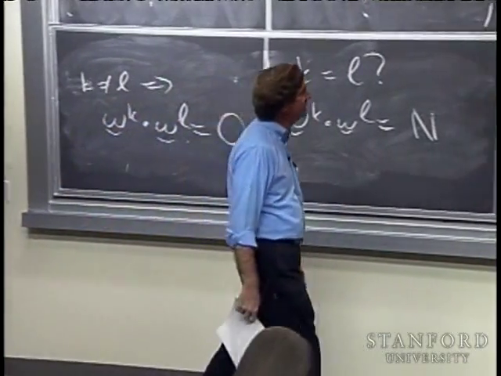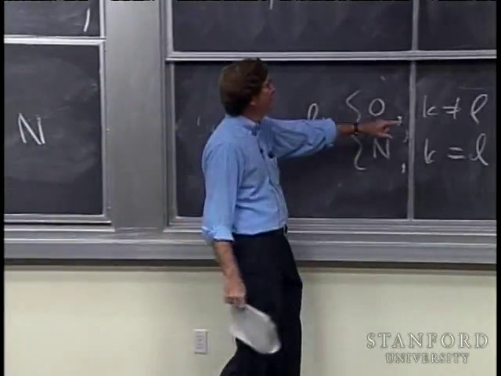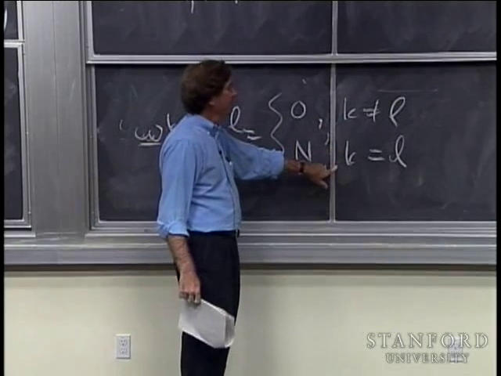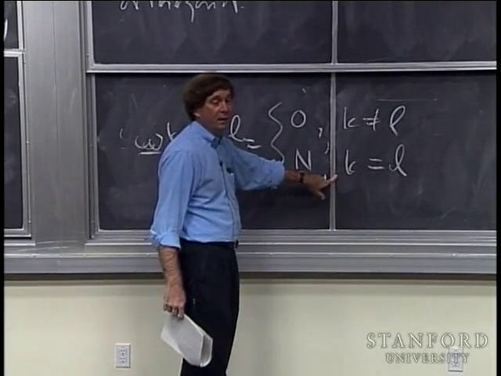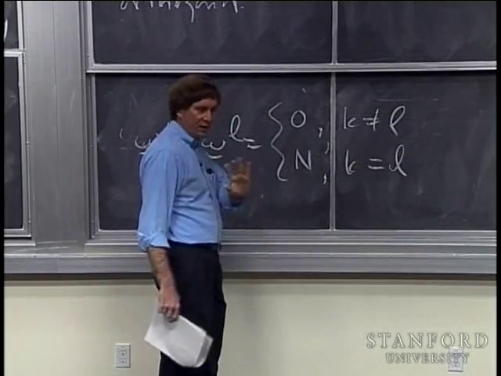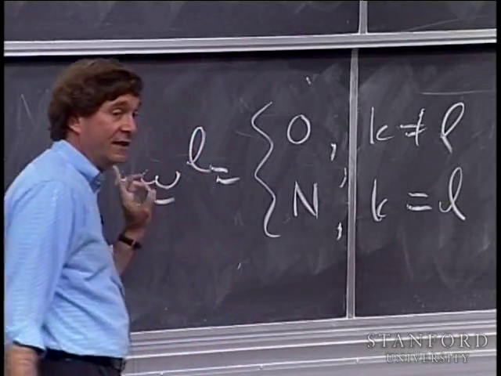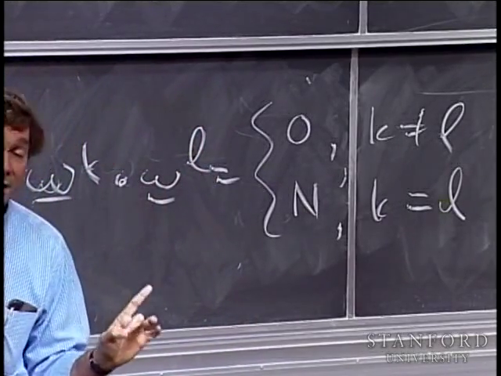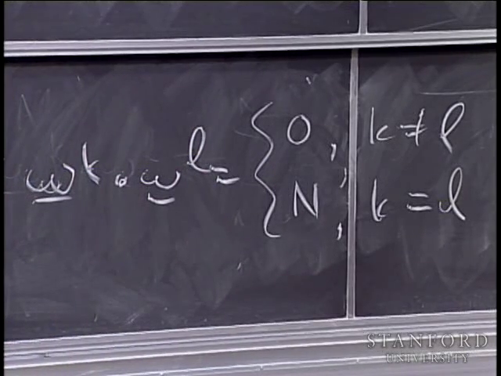Instead of saying k is equal to L or k is different from L, you say k is different from L modulo capital N, or k is equal to L modulo capital N. That follows from the general discussion; we'll get to that next time. But this is the first encounter with it, and this is probably the easiest way of thinking about it. It's an extremely important property: the orthogonality of the vector exponentials.